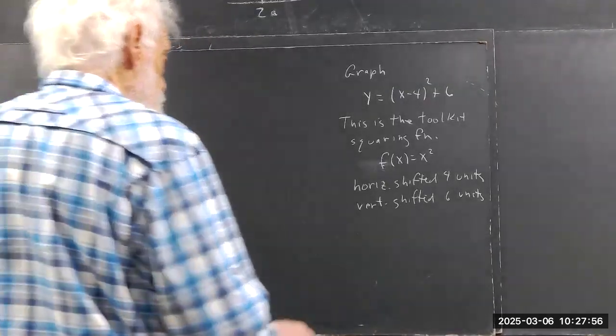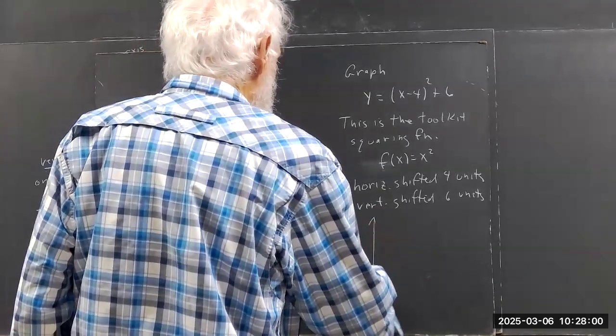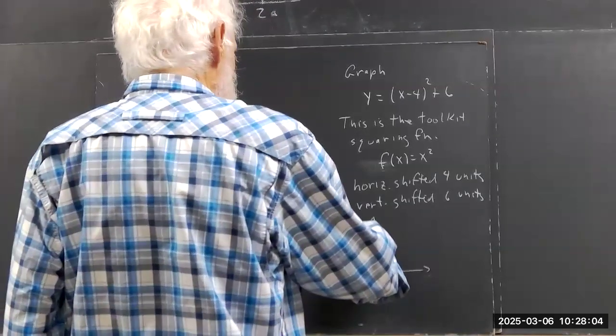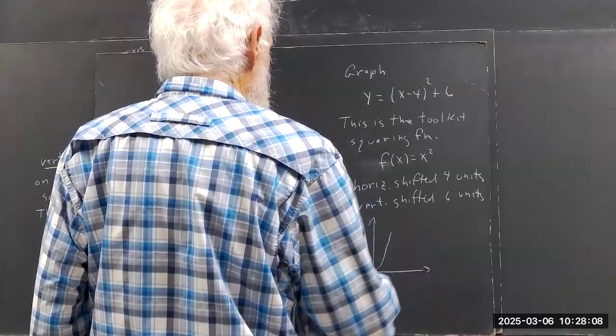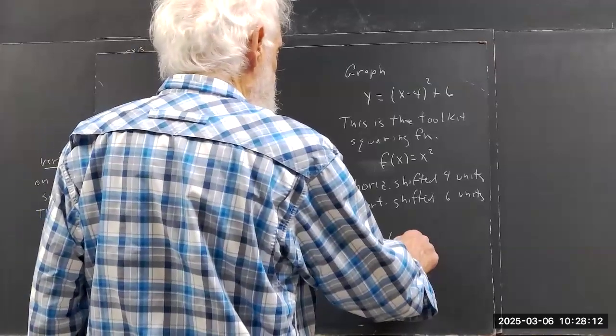Okay. So it's fairly easy to see where this is. We'll have our toolkit squaring function here. And we have a scale.